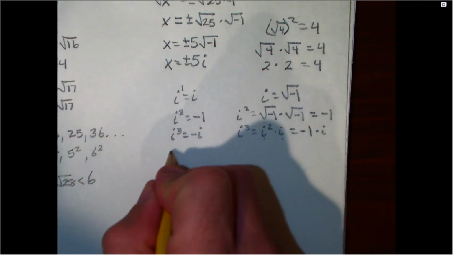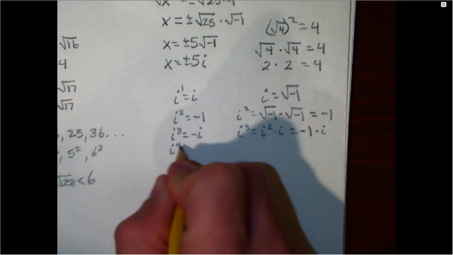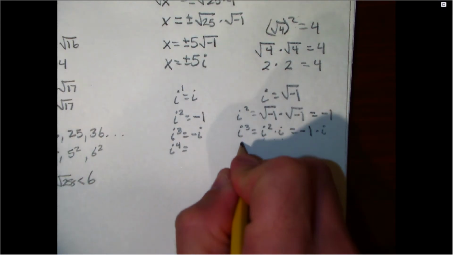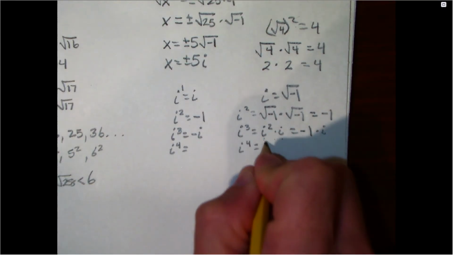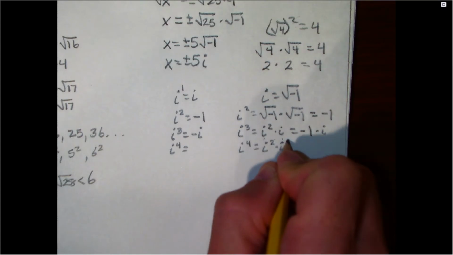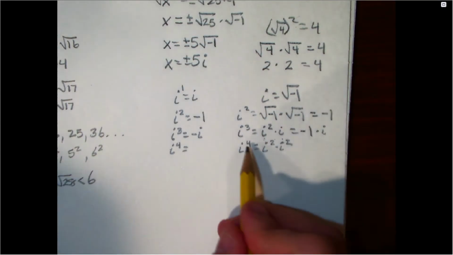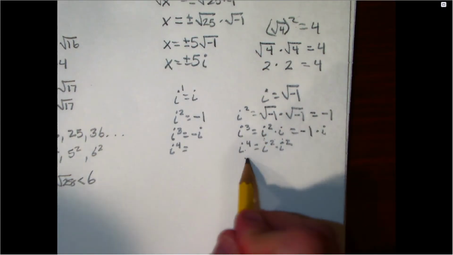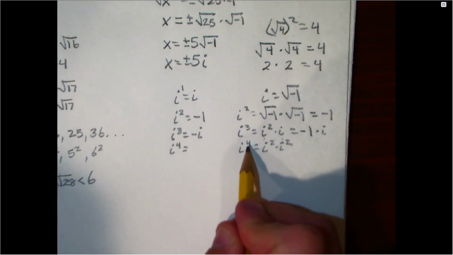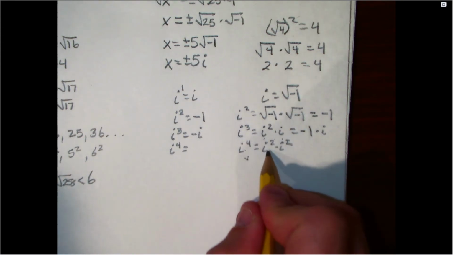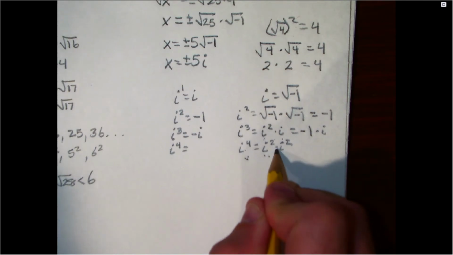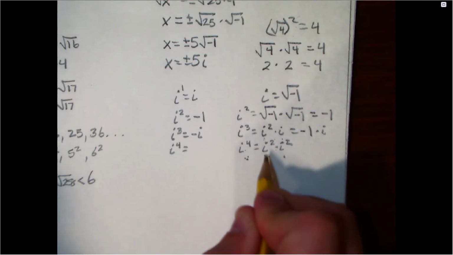Let's keep going. Let's go i to the fourth power. Well, i to the fourth power can be written as i squared times i squared, because i to the fourth power means i times i times i times i. It's 4 i's you're multiplying together. i squared means i times i, so i squared times i squared is i times i times i times i. So there's your 4 i's.